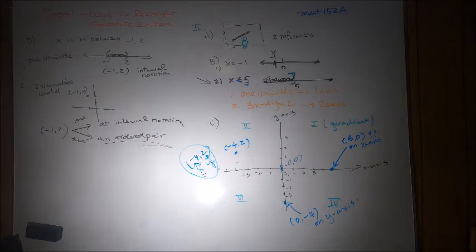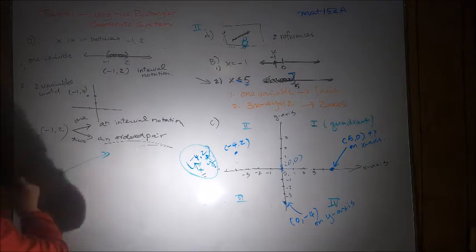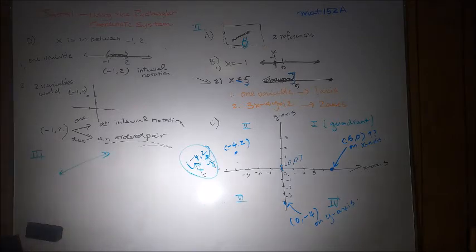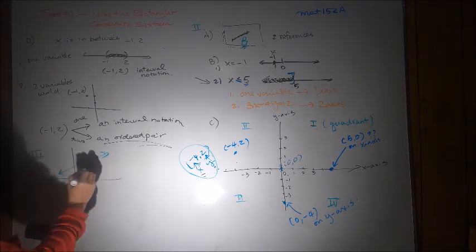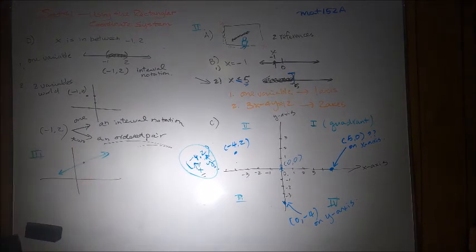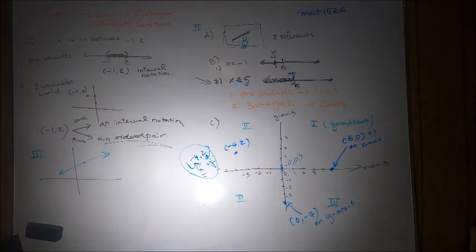In the next one, we are going to decide whether or not, if I have a line like this, how do I know my point is on the line, right?